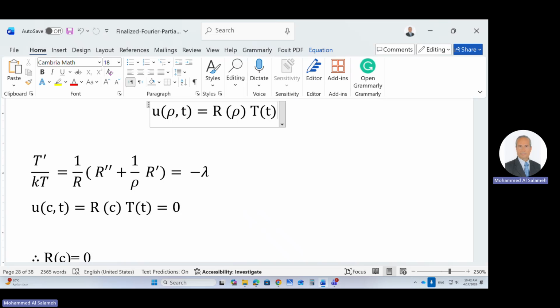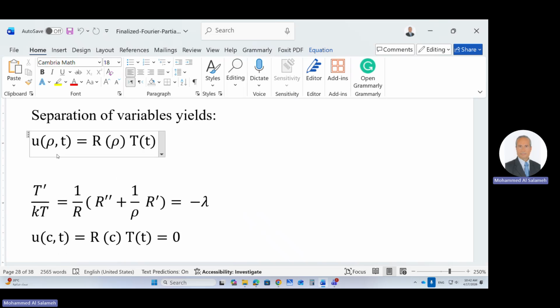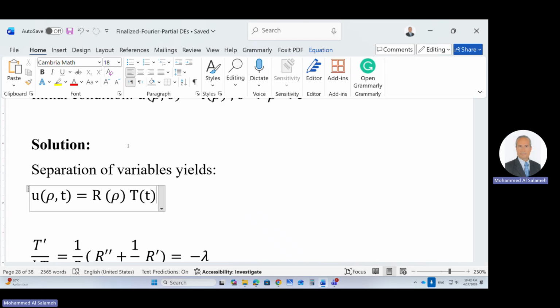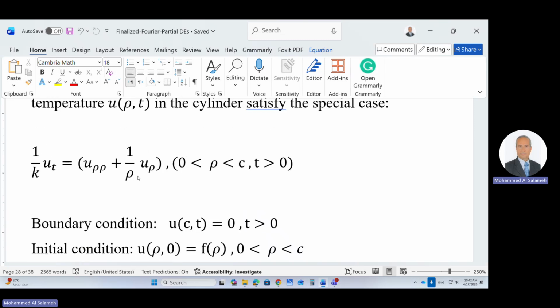So we assume U as a function of rho and t equals R as a function of rho times T as a function of t. Now substitute this in this differential equation as we did in the previous example.